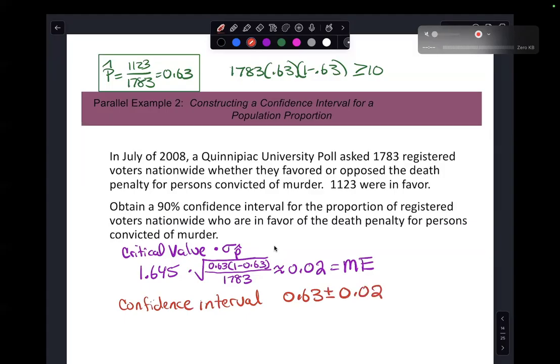I'm not going to get mad at you if you said 63% plus or minus 2%. Nobody's going to get mad at you for that. The other way that we write this is you actually do the math. So I would take 0.63 plus 0.02, and I would do 0.63 minus 0.02. That gives me the edges of my confidence interval, and I would show it like this.